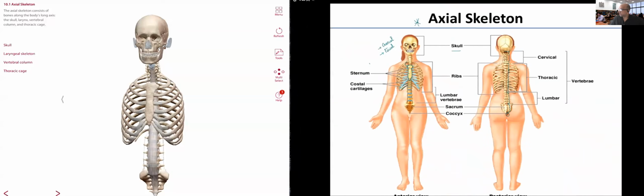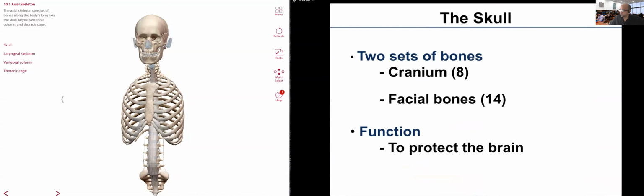Starting first with the skull: the skull has 8 cranial bones and 14 facial bones, and its main function is to protect the brain as well as to provide a place for the other head and neck organs, like your eyes, your tongue, your nasal cavity, sinuses, and your ears. All those are organs kept inside the skull.